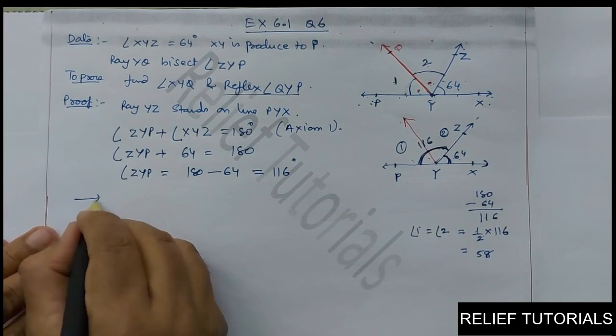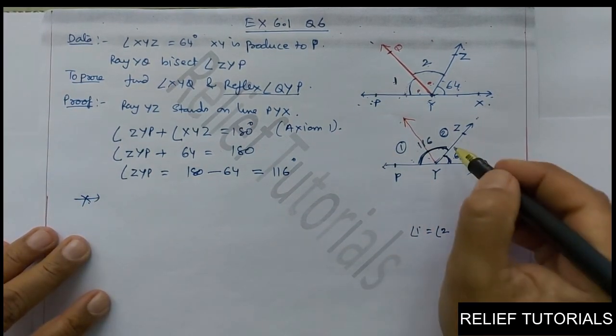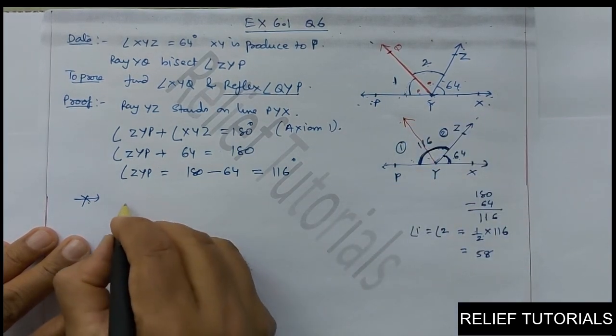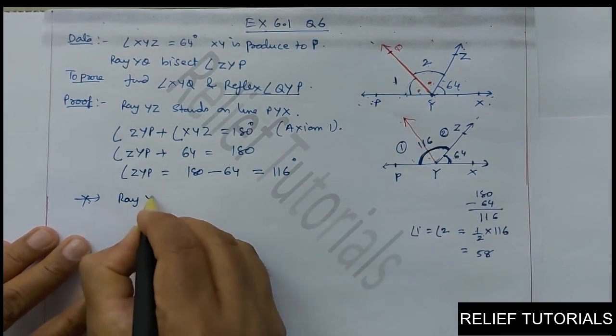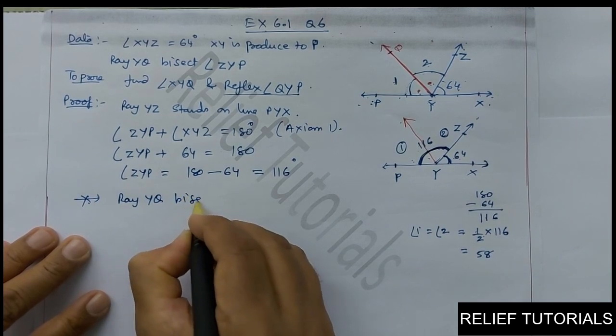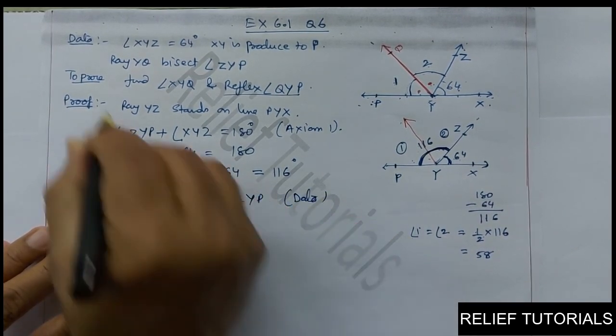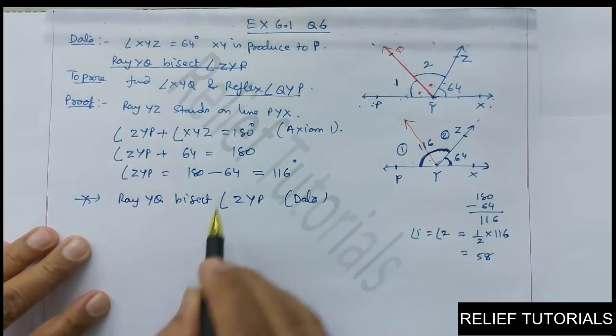Clear? Now second. So you got this ZYP as 116. Now you know this YQ bisects. So I can say here ray YQ bisects angle ZYP. This is data. See, it is given ray YQ bisects angle ZYP.